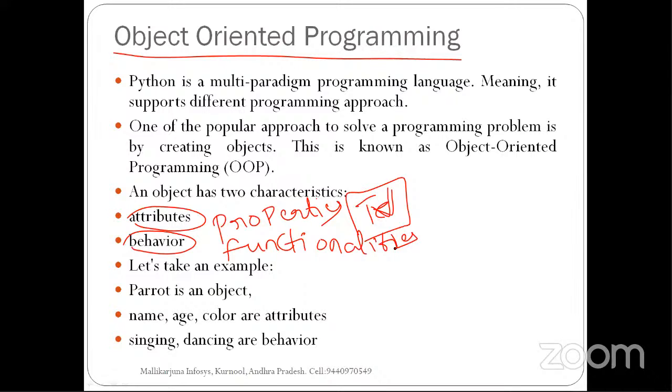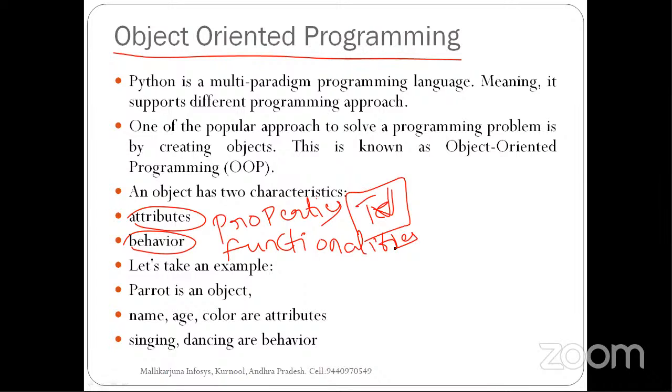All these things we call properties of television. And when it comes to functionalities, view, that means display. Display is the functionality of a television. When we switch on the TV, some display will occur. Whatever channel you kept, that channel is going to run. That is the functionality of television.